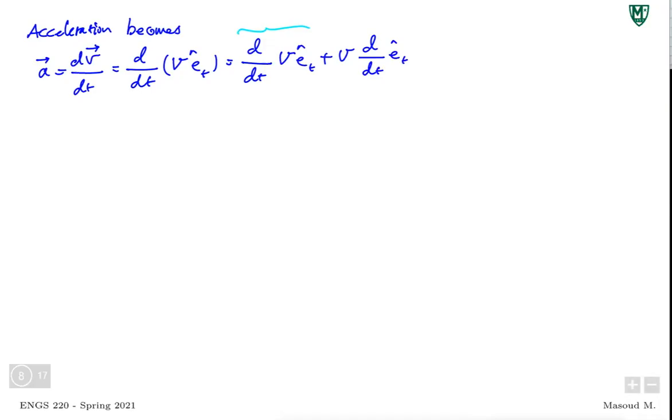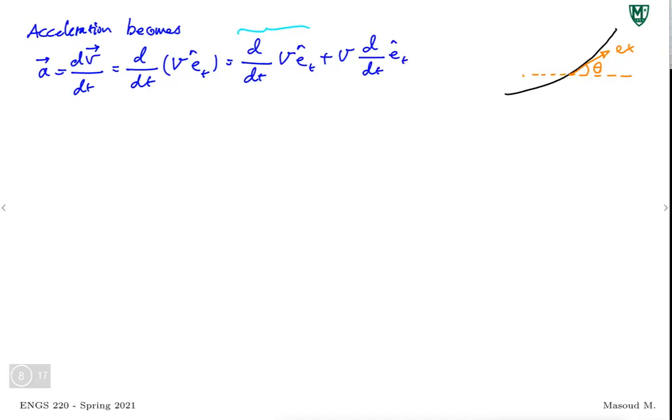We are moving on a path like this. We have a vector et tangent to the path, and let's say the angle at the moment is with respect to the horizon.